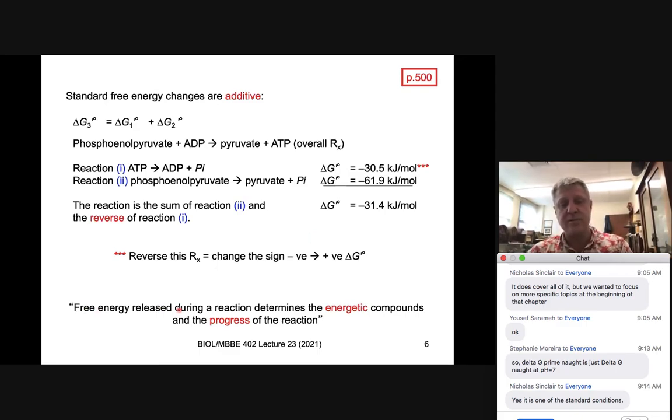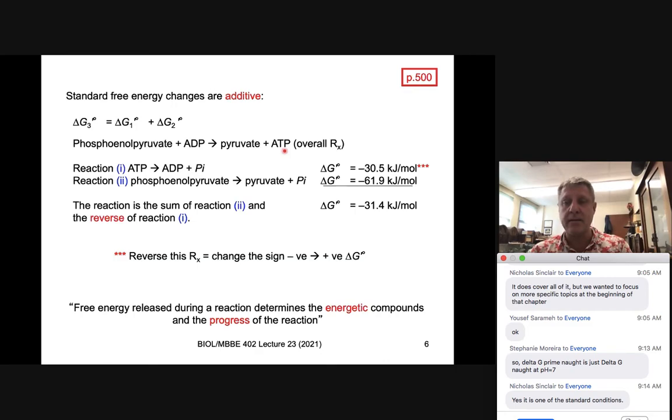So free energy released during the reaction determines the energetic compounds and the progression of the reaction. In this case, because we have a surplus of energy, this reaction overall will move forward to produce pyruvate and ATP.